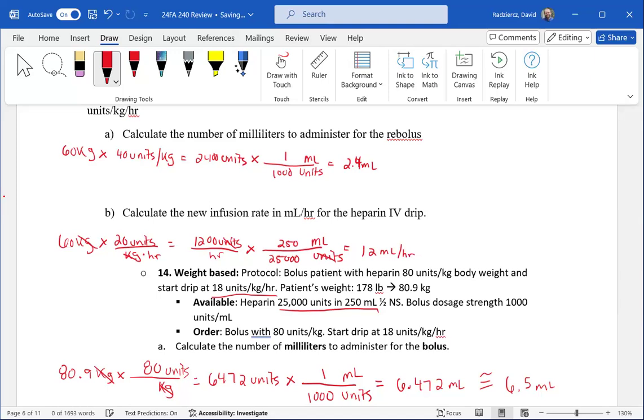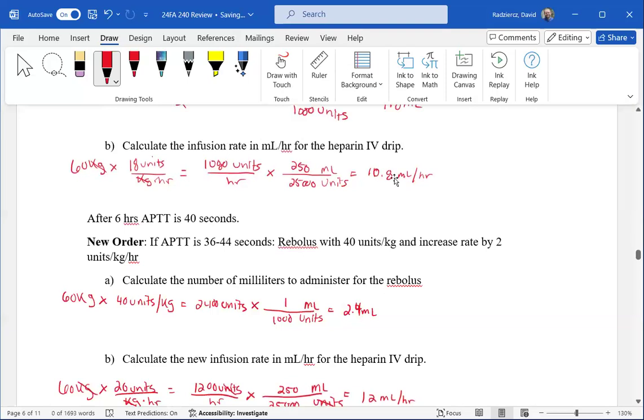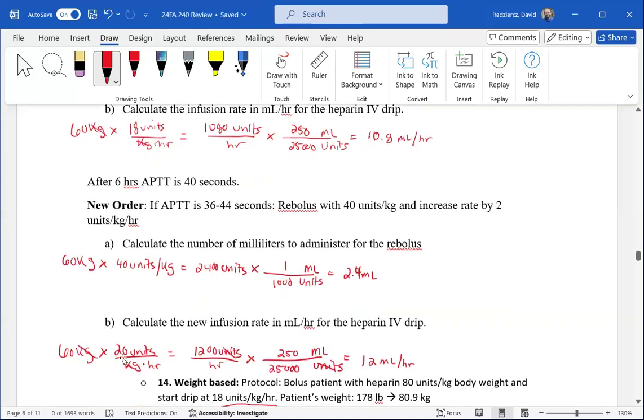So notice if you had added the 2, you would have had 12.8, which technically is an incorrect answer. So that's why you want to make sure that you add your 2 units to the 18 units per kilogram per hour when you do that increase, if it's even asked of you. My guess is it won't be asked of you, but I just gave you an example question, and Maddie gave you similar example questions that you can practice heparin with.